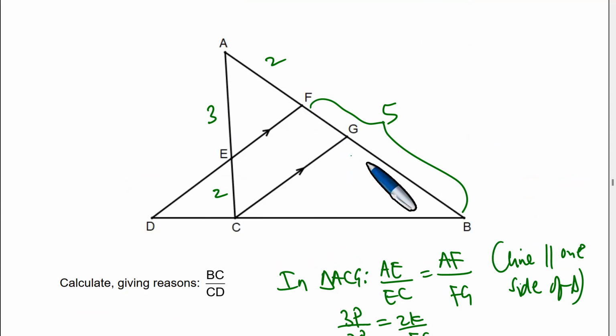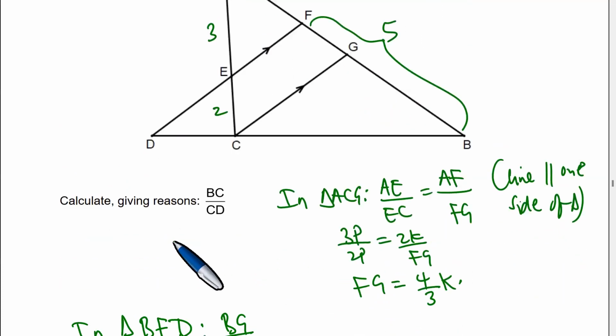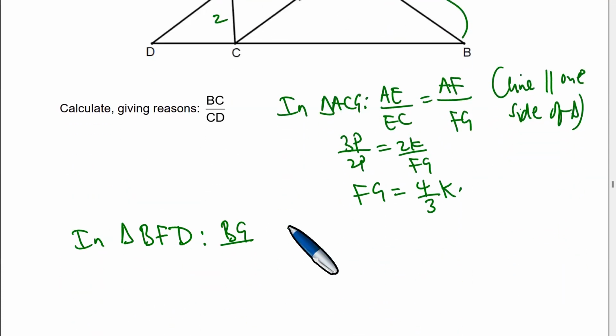We can take BG over GF to be equal to BC over CD. You saw it? BG over GF is equal to BC over CD, which is what they want here. Why is this the case?